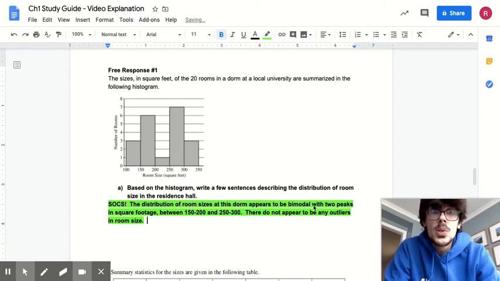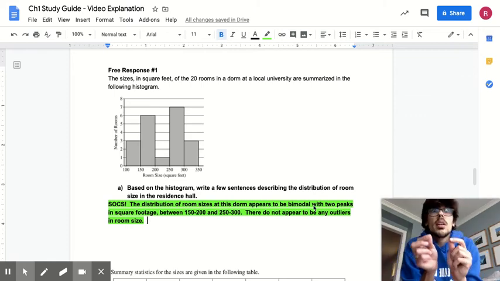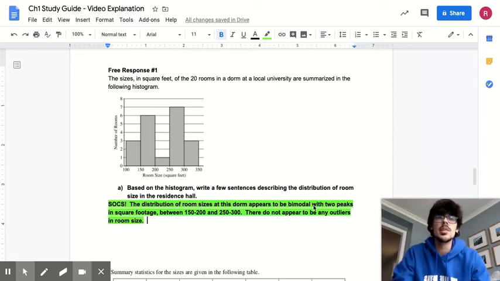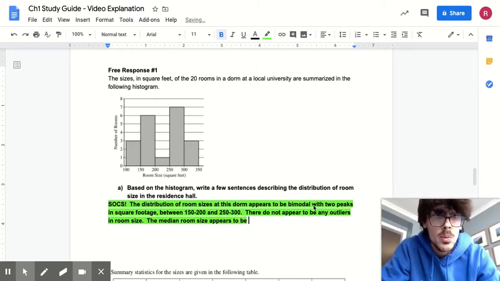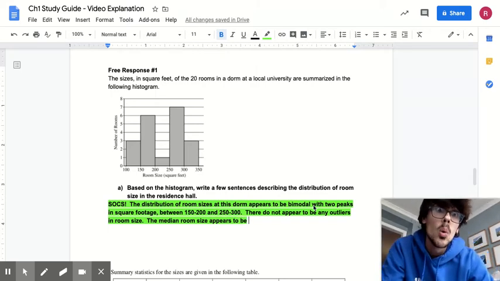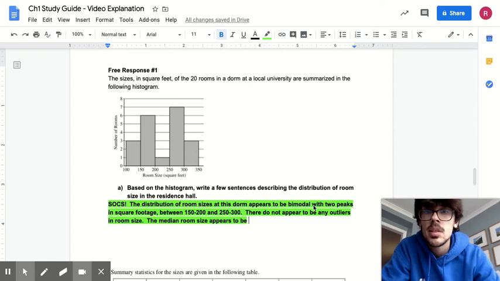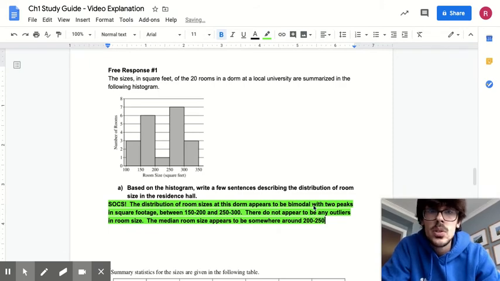Center. So the rough center, they don't need you to be super accurate with this. You don't have to sit there and calculate what the exact mean or median is. I'm just going to say the center or the median room size appears to be, and using soft language like appears to be or is about is really good with stuff like this, somewhere around 200 to 250 square feet.